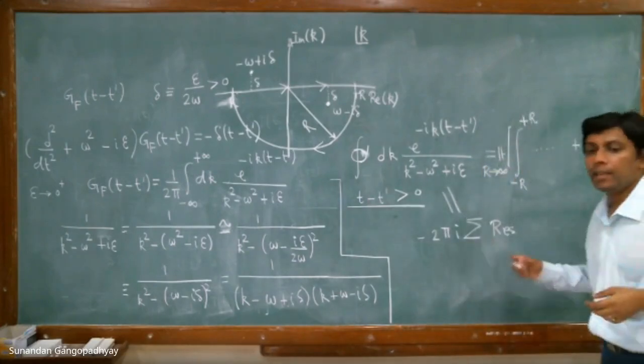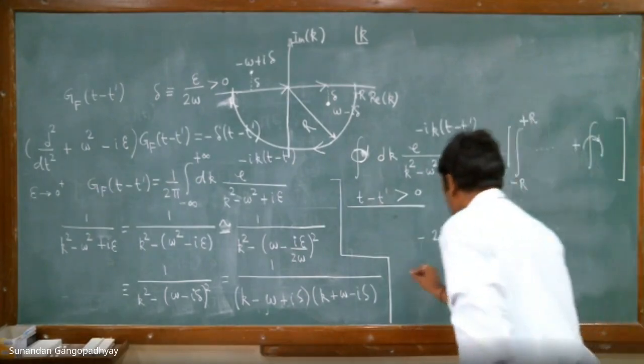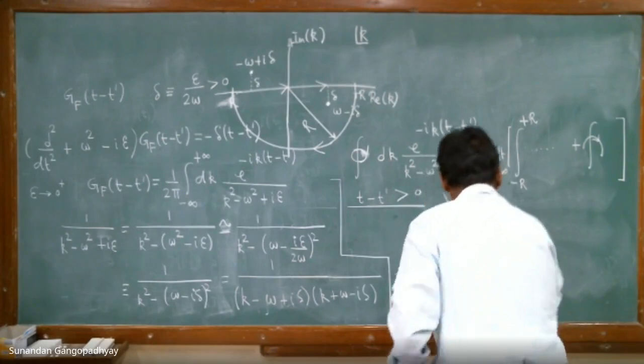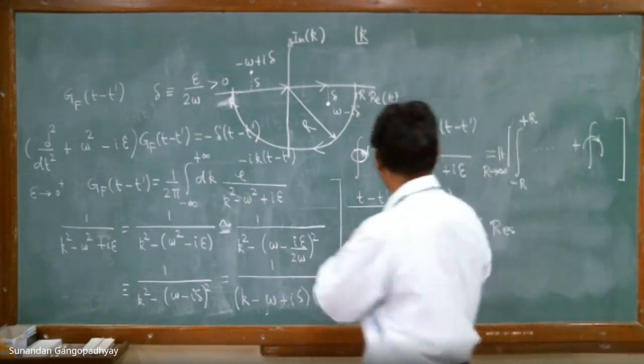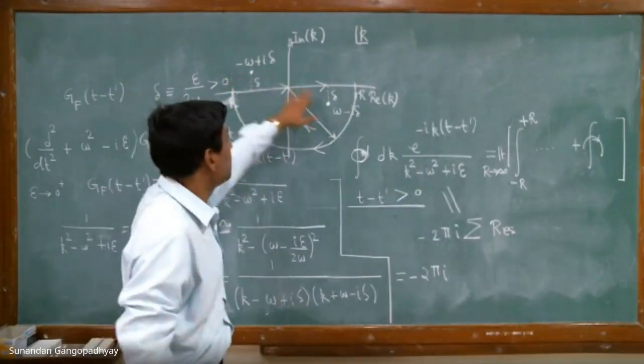So this is by the Cauchy residue theorem that we all know. And what are the residues? The residue is the value of this integrand at these single poles.